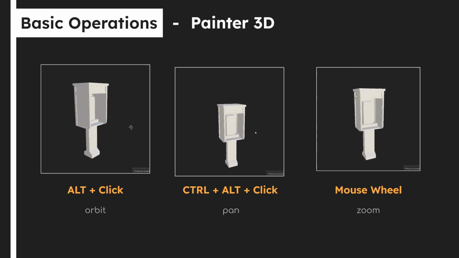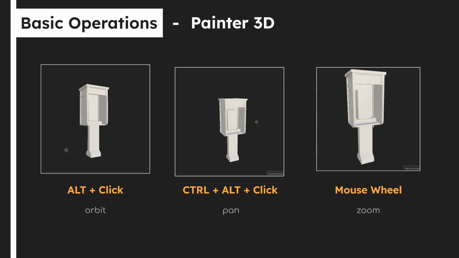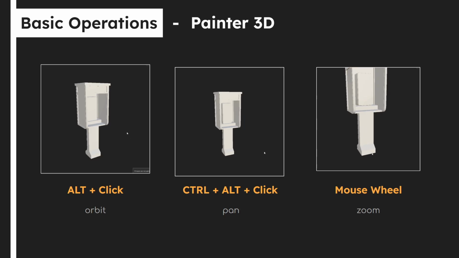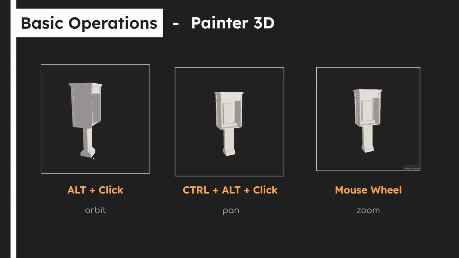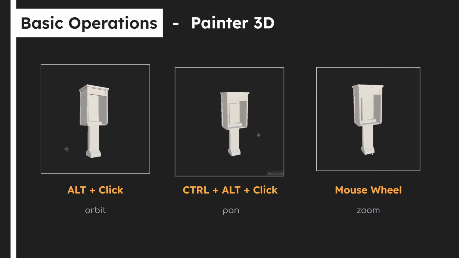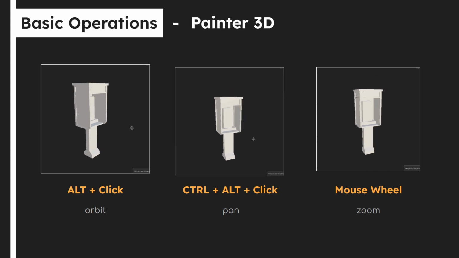But here's the caveat, and I mentioned this at the end of the last class as well. Blender is weird. The hotkeys that you learn to use for navigating in Blender's 3D view, so middle mouse and shift for panning, things like that, not how Painter works. Painter is built on the industry standard kit.